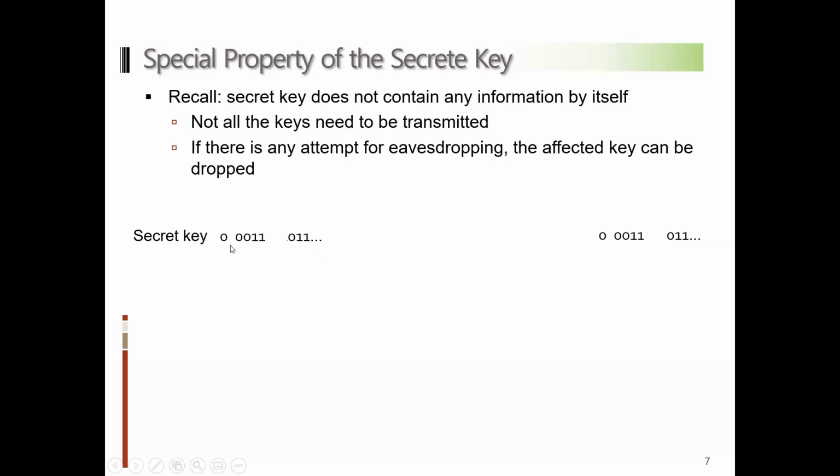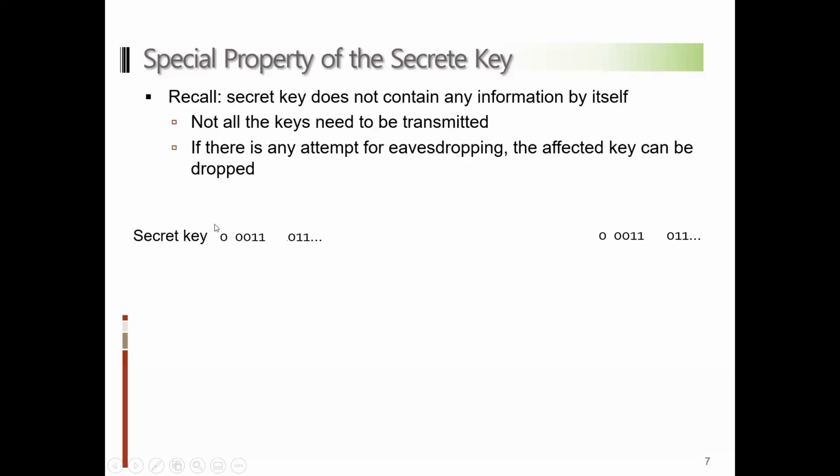So if you consider this kind of property of the secret key, then BB84 is a very properly designed protocol. However, if what we had to do was transmission of the information by itself, then we would lose a lot of information.